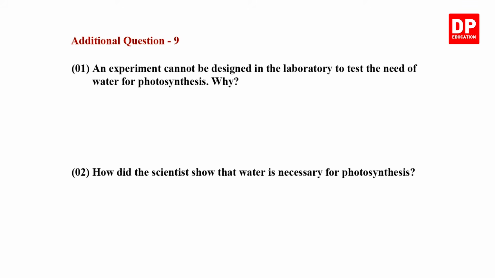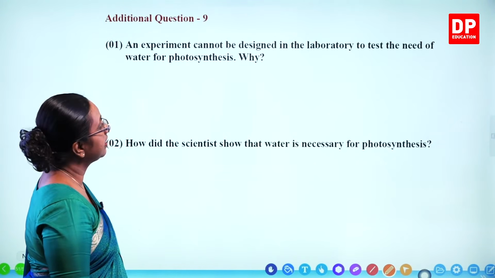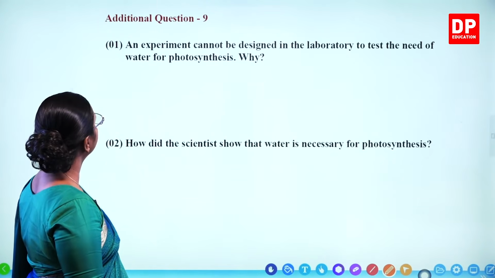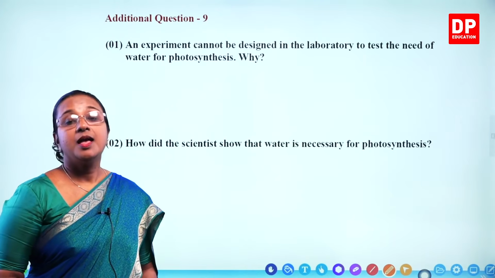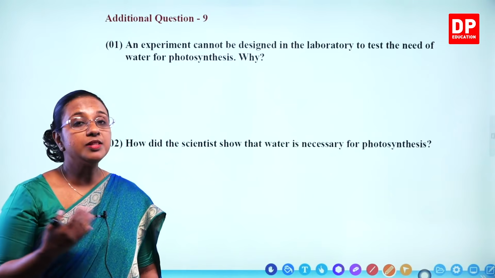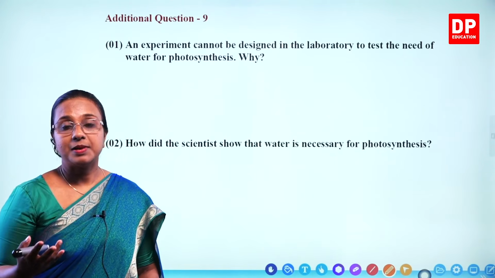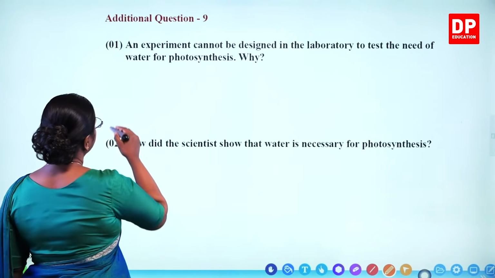Additional question 9. An experiment cannot be designed in the laboratory to test the need of water for photosynthesis. Why? As a control experiment, if we remove all the water from a plant, the plant will die. So therefore, we cannot do the activity.